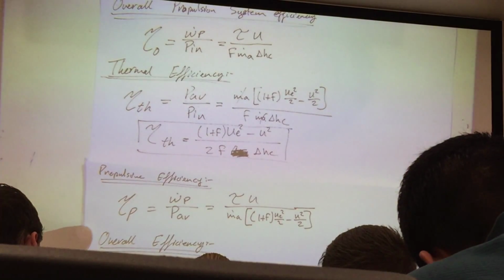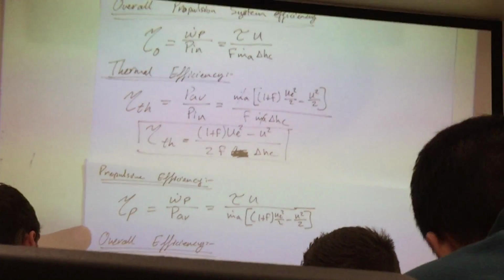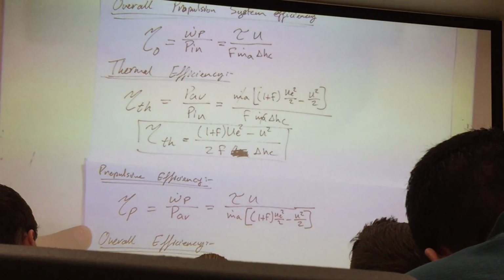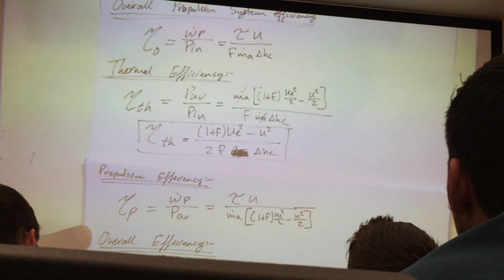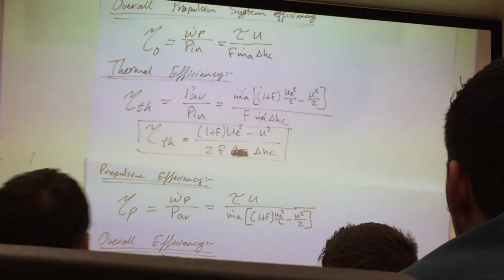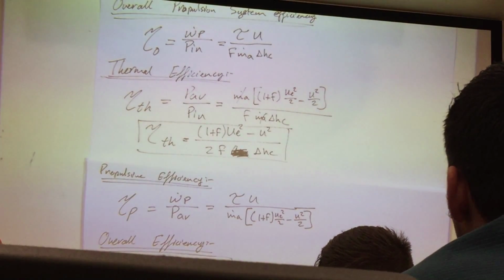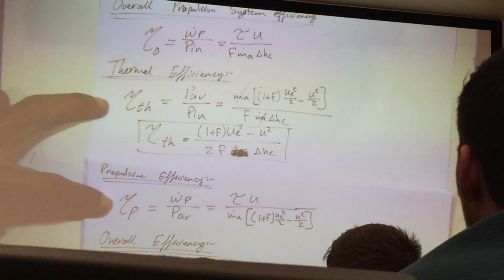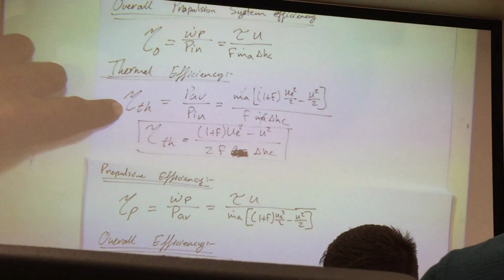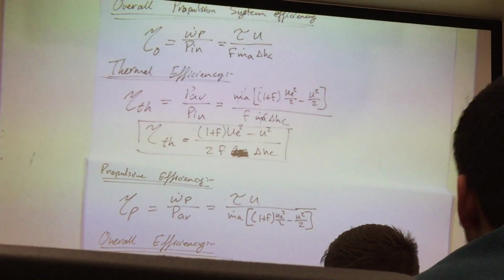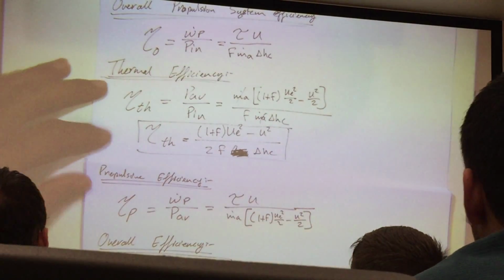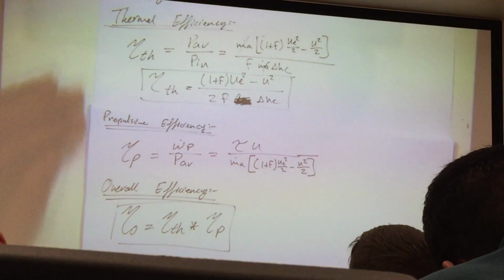So if I say overall is equal to my thermal efficiency multiplied by my propulsive efficiency, I will get the same exact equation. If you compute this and you know this, you get this. And these are important parameters because some of the components we could actually figure out with this.